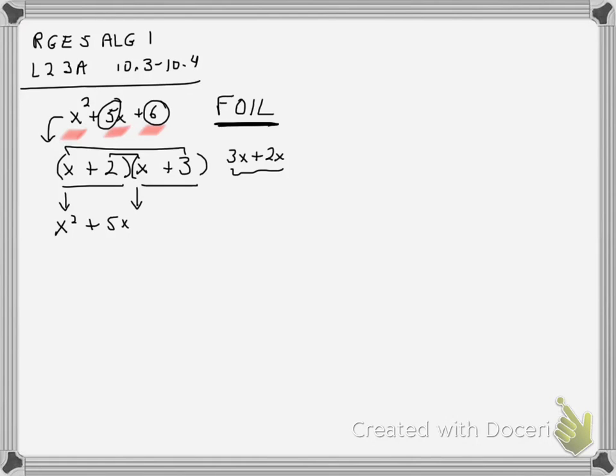And then finally looking at the last terms, multiplying those together, and that would give me 6. So if we took this binomial times this binomial, we multiplied them together using FOIL, we would get the original. So now we're showing you how to work backwards.